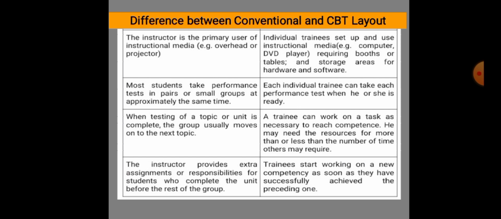For the conventional, most students take performance tests in pairs or small groups at approximately the same time, while in CBT, each individual trainee can take each performance test when he or she is ready.